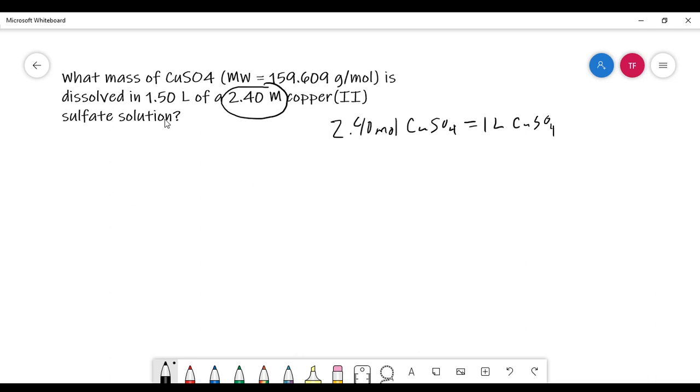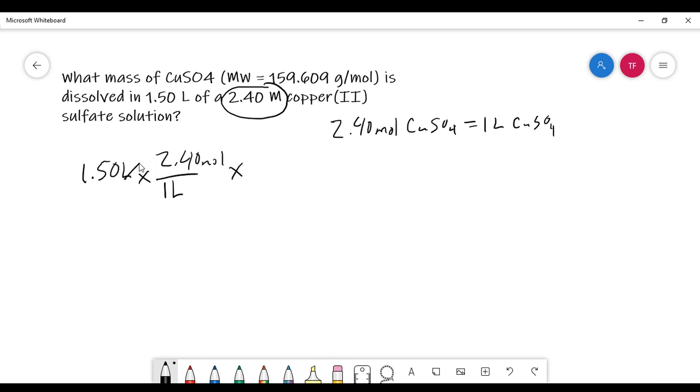That's one important thing to remember about molarity, that it allows you to convert between moles and liters of a solution. We're going to be going from 1.5 liters, we'll convert liters into moles, and then using the molar mass, we can convert from moles to grams. Let's see how we're going to do this. We're going to start with the amount of solution we're given, 1.5 liters of copper(II) sulfate. According to the molarity, for every 1 liter of copper(II) sulfate, there are 2.40 moles of copper(II) sulfate.